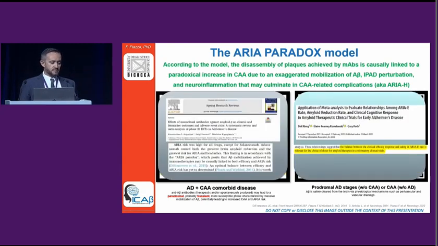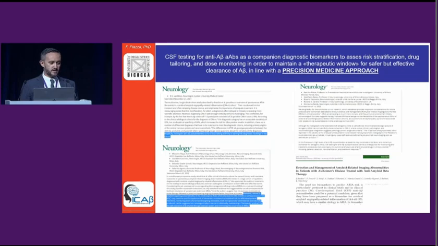So this is also coming out in this meta-analysis, confirming that the balance between the effective treatment dosage and the safety of monoclonal antibodies will be very important in the next trials. And we believe that CSF testing for anti-beta antibody should be a companion diagnostic biomarker to assess risk stratification, drug tailoring, and dose monitoring, in order to maintain a proper therapeutic window for the safe and effective clearance of beta amyloid, in line with the precision medicine approach.